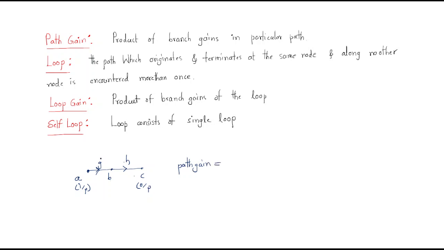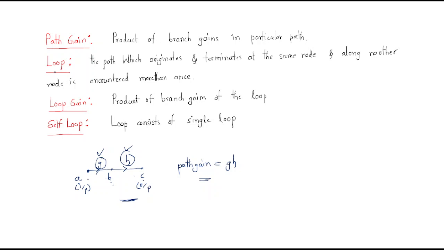G is the gain between A and B, and H is the gain between B and C. The product of G and H gives the path gain of this signal flow graph.